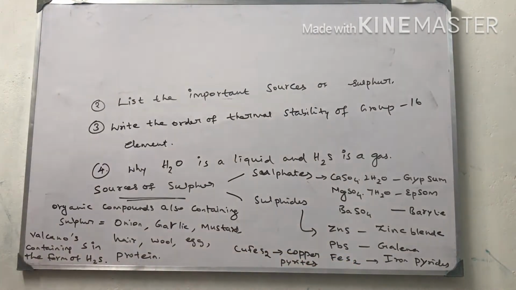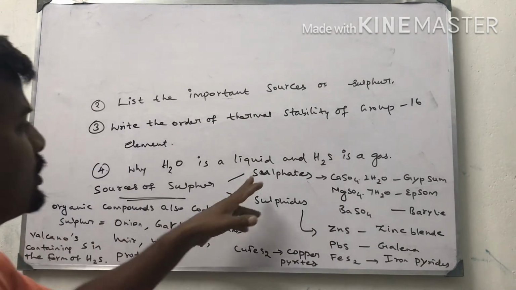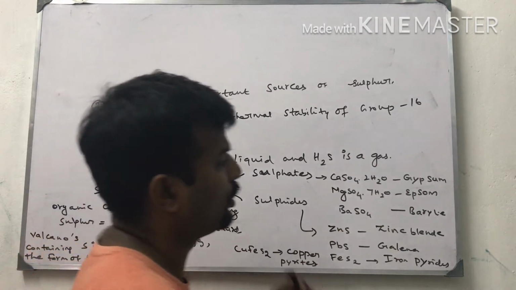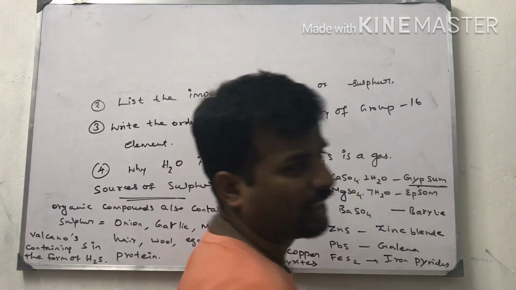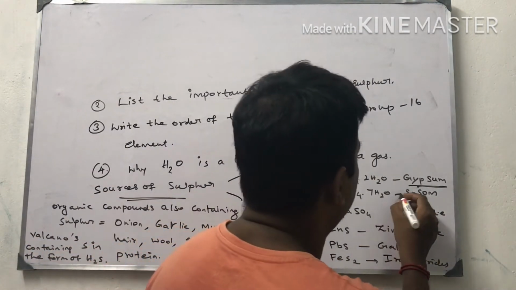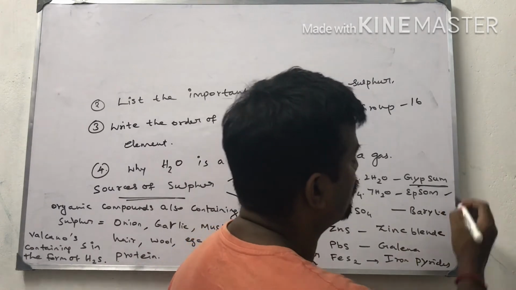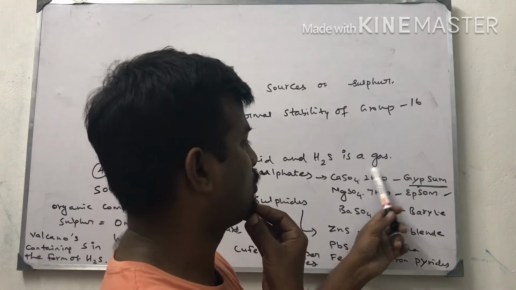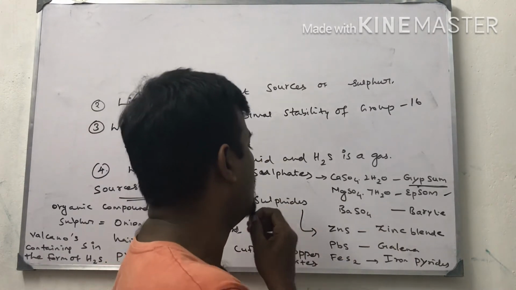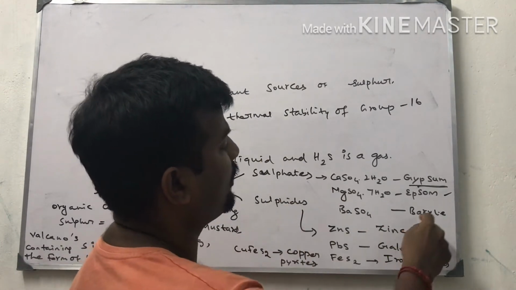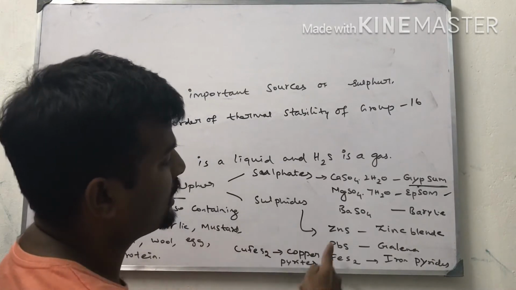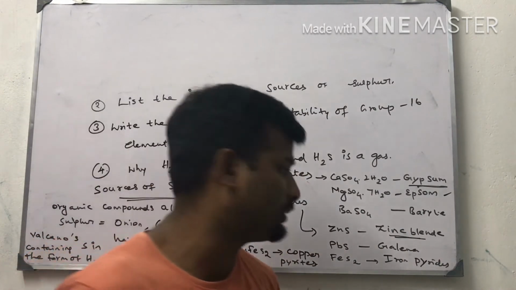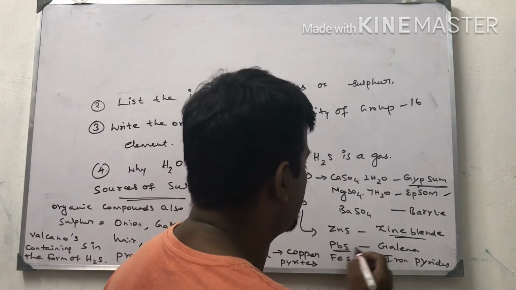See the sources of sulfur, what are they? Sulfur is present in the form of sulfate: calcium sulfate 2H2O, gypsum, which is used for setting of cement. Magnesium sulfate 7H2O is also used in the cement industry. These two salts are called hydrated salts. Barium sulfate is called baryte. Zinc sulfide is zinc blende, and lead sulfide is called galena.